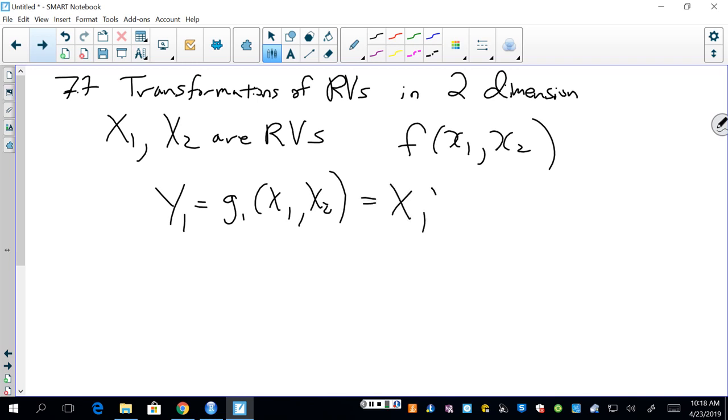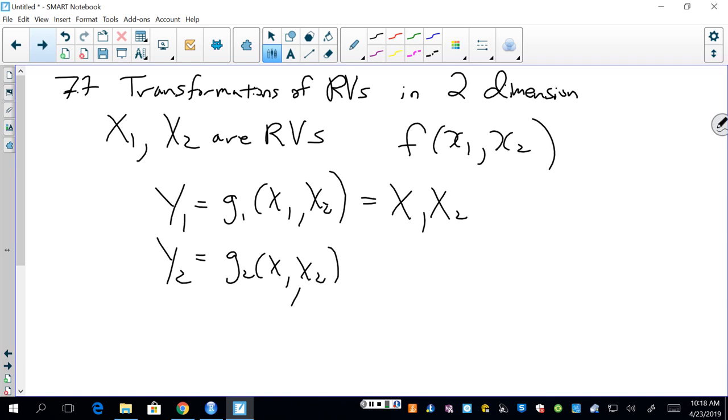We're going to consider, say, multiplying the 2 numbers together. And then y2 is some other function that you might be interested in. So maybe you're interested in a ratio or difference or some other thing.